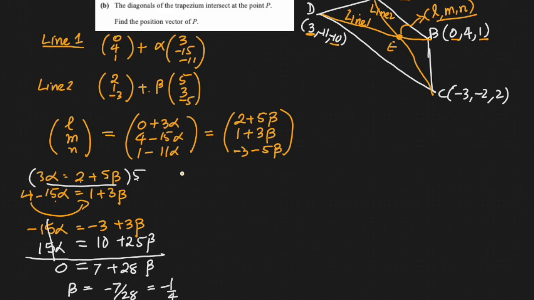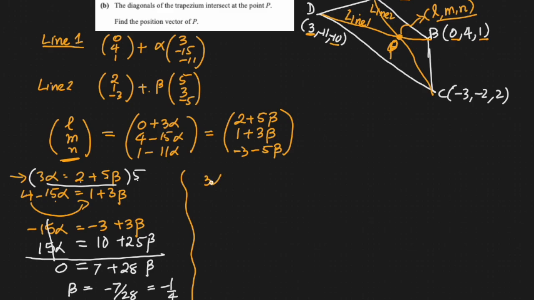Since we have gotten beta here, there's no need to find alpha, because we want this position vector of P, right? I called it E, should be P, okay? We should be finding L, M, N with the help of minus 1 over 4, but still, to confirm that our answer is right, let me use this equation to get alpha.